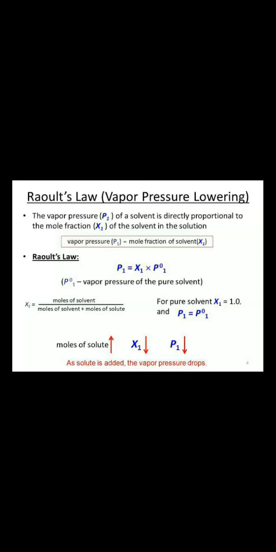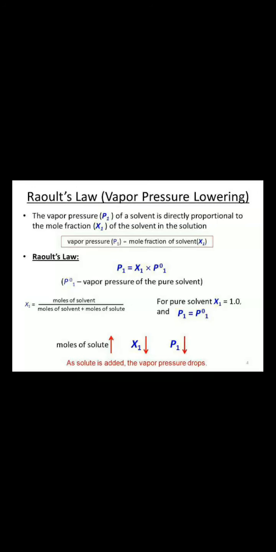For pure solvent, X1 is equal to 1 as no non-volatile solute is added. From the above equation, P1 is equal to X1 into P1 naught. It becomes P1 is equal to P1 naught as X1 is equal to 1.